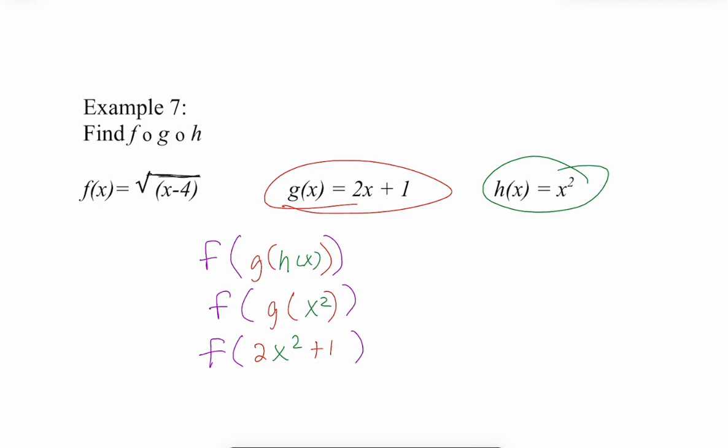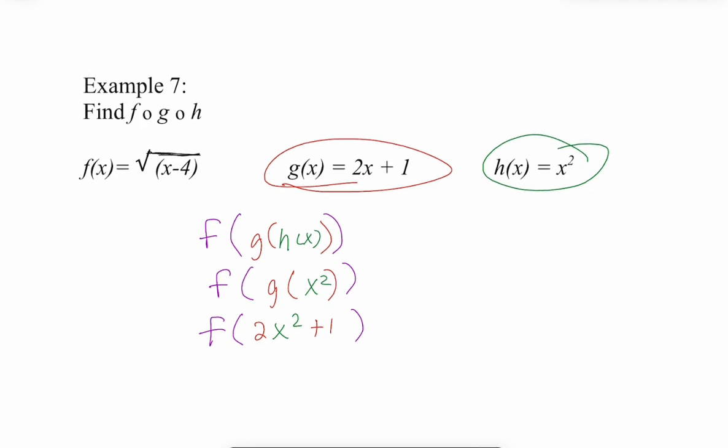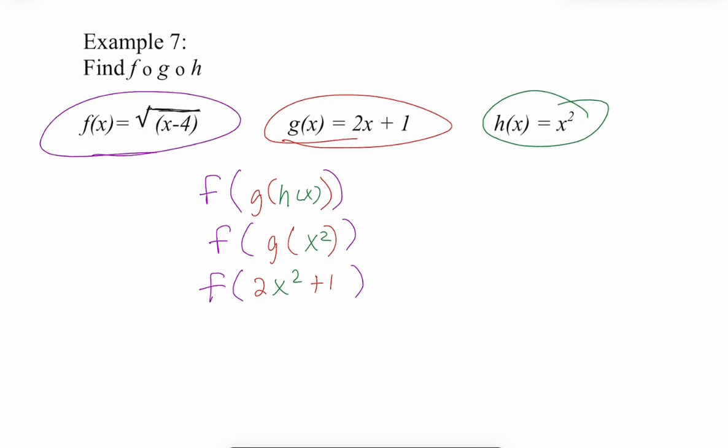And now I need to put the 2x squared plus 1 into the f function as its input. So I am going to get the square root of the quantity I'm inputting minus 4. And then simplify that as much as you can. You can't do much, but we can write that as 2x squared minus 3.